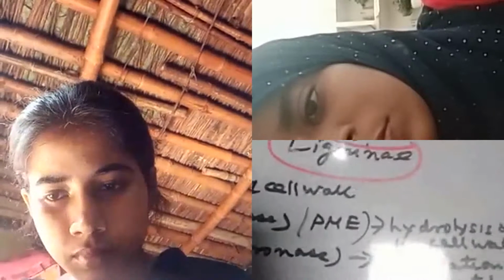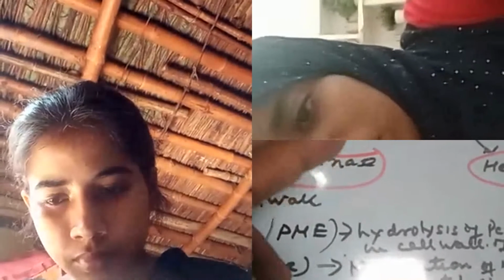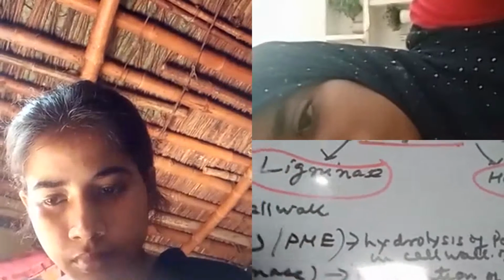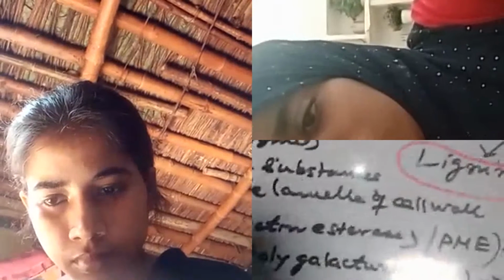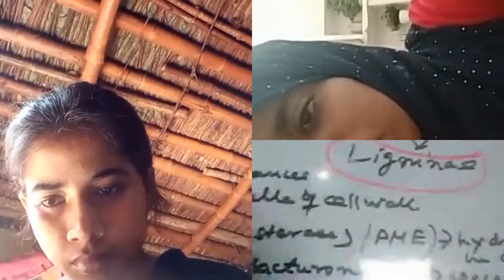Whereas polygalacturonase brings about the maceration of the host tissue in the plant. This enzyme is also known as a chain splitting enzyme. What is the meaning of maceration? Maceration is the separation of cells from the tissue. So this enzyme catalyzes the maceration of the host tissue.